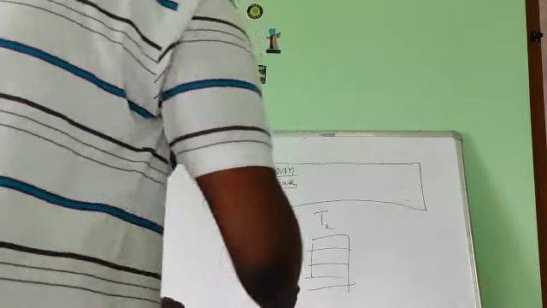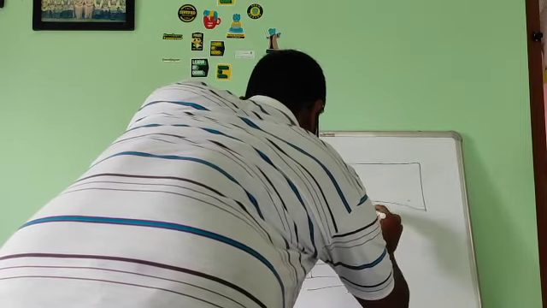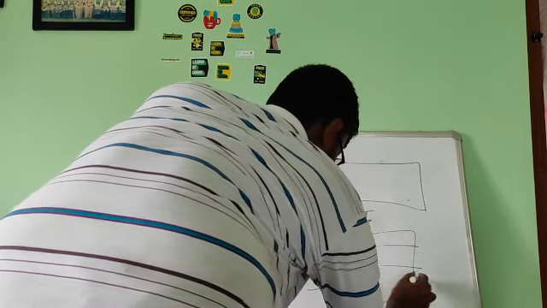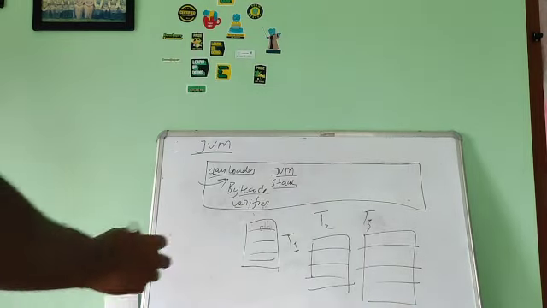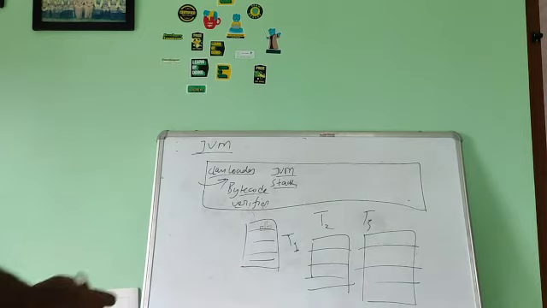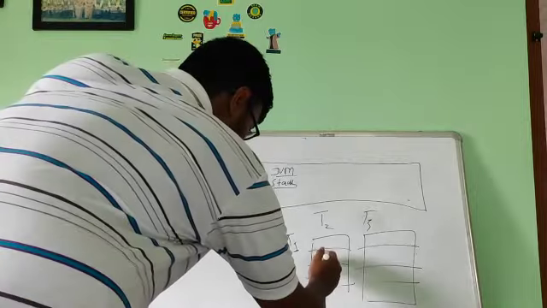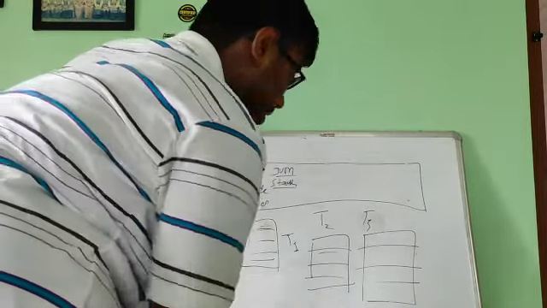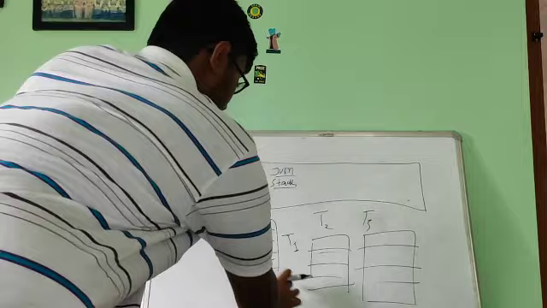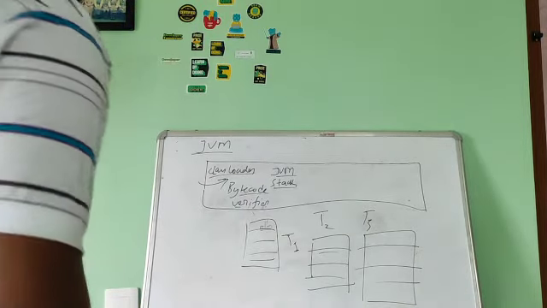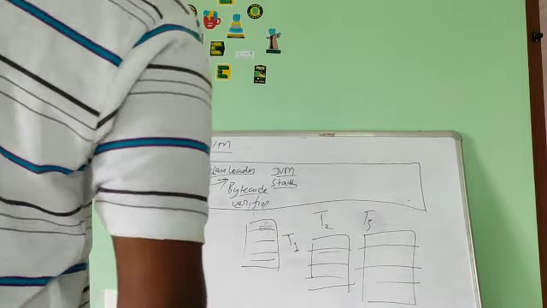And there is another thread, T3. This is T3 thread. So what happens when we run the threads? This will go in JVM stack. There will be variables, strings, data, everything in the threads, right? It will be inside JVM stack.